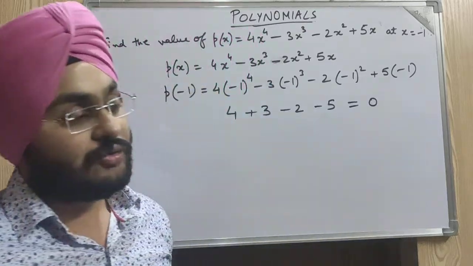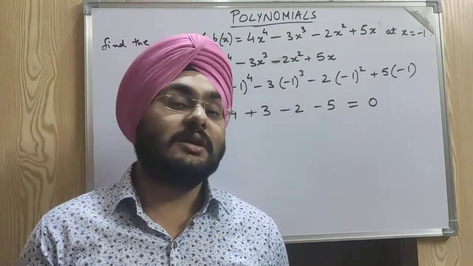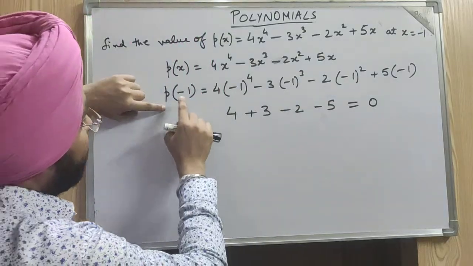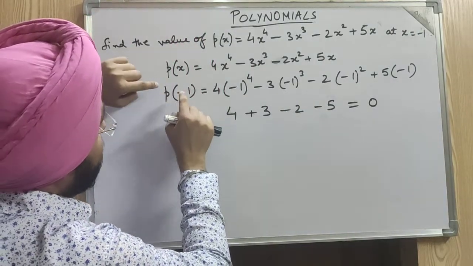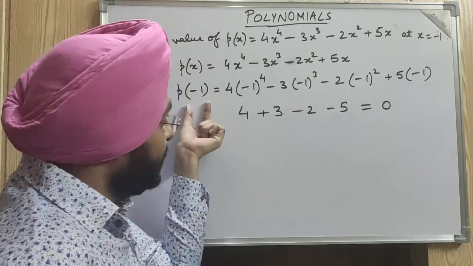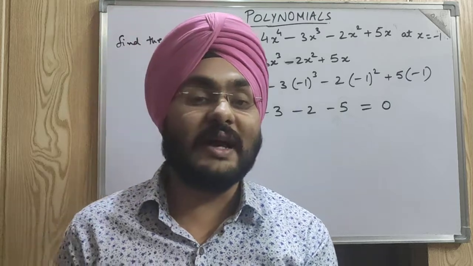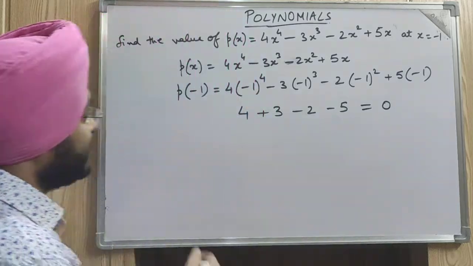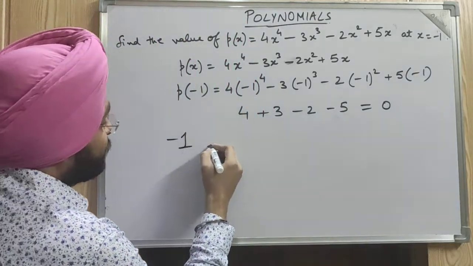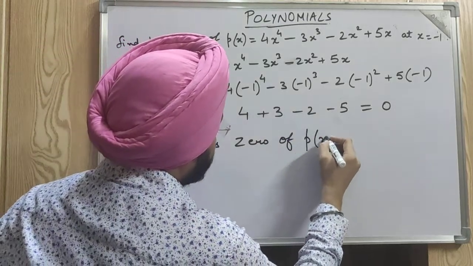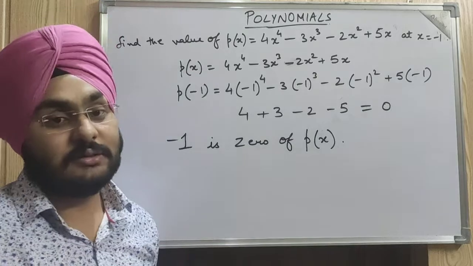So now coming to the topic, zeros of a polynomial. Keep in mind what this is saying. The value at which the answer is 0 is called the zero of that polynomial. So in this way I can simply say here that minus 1 is the zero of polynomial p(x).